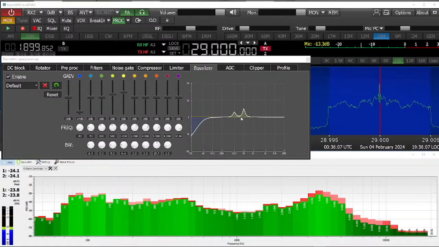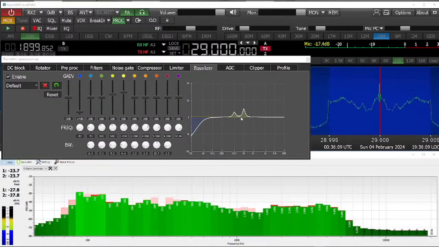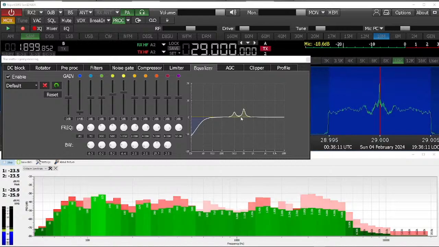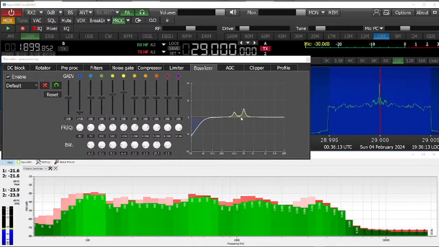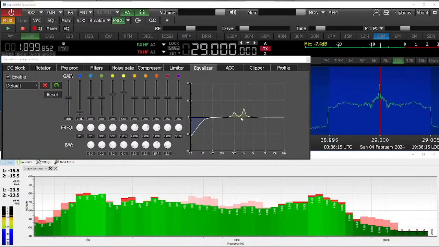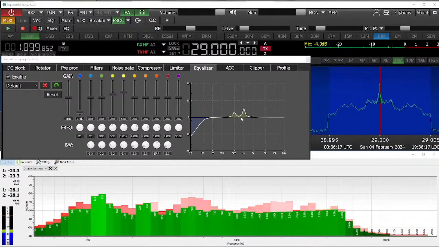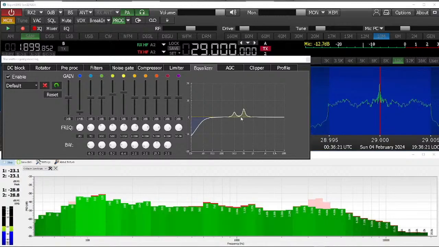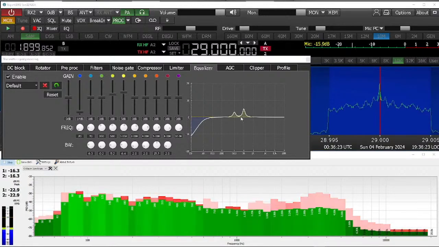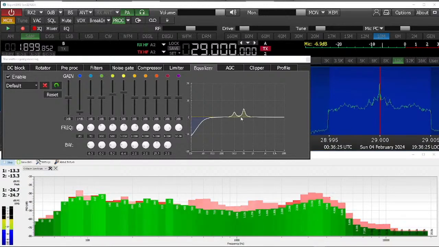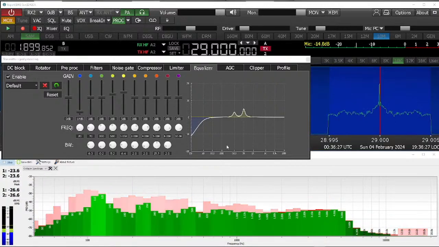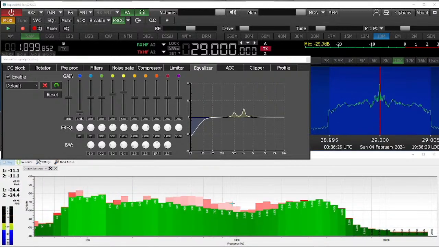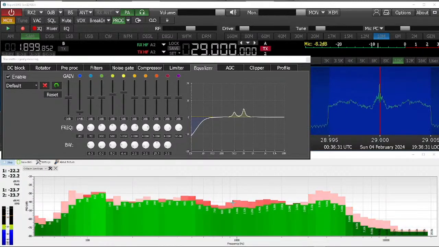This is a corrective EQ, and this is being captured. This is actually the RF being spit out of the sun through a dummy load and being picked up on the diversity antenna out front on an RSP Duo running SDR Uno. And what we have here is a corrected EQ curve.